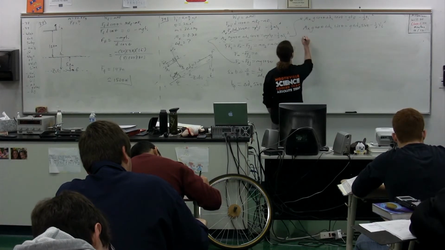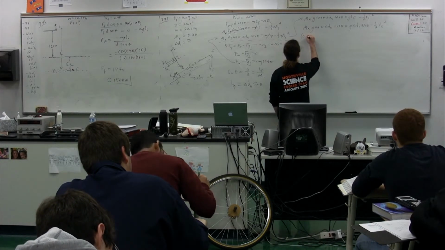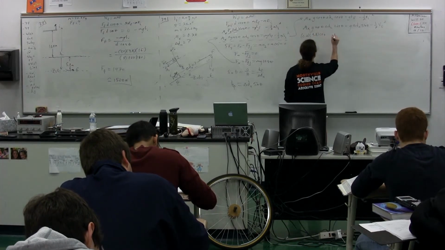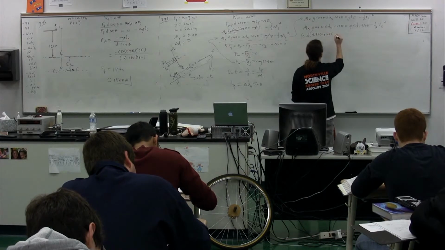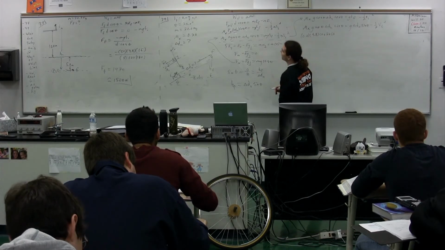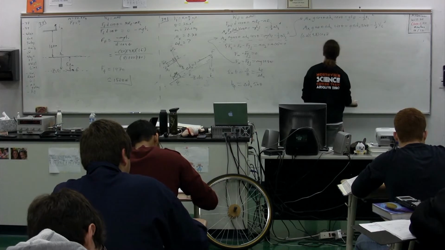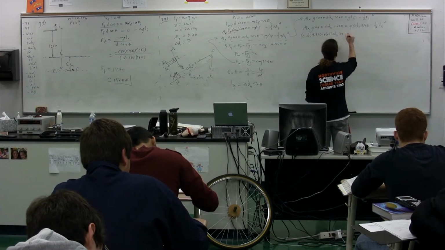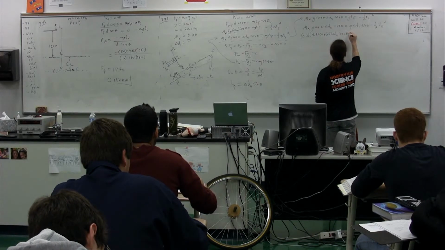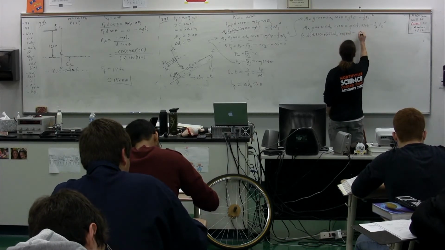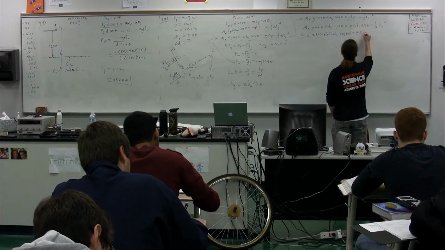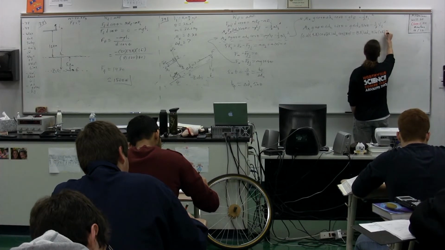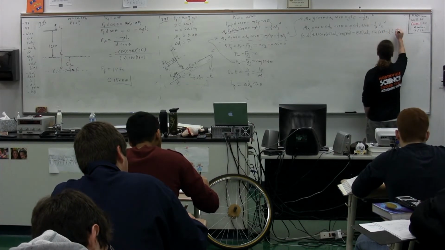Mu k is 0.20, g is positive 9.8, cosine of 25 degrees, times delta d parallel, which we're looking for, times the cosine of 180 degrees, equals g positive 9.8, delta d parallel, which we're solving for, times the sine of 25 degrees, minus 1/2 times velocity initial.